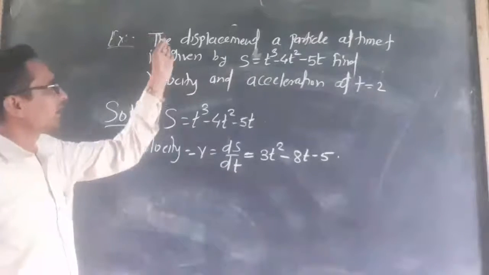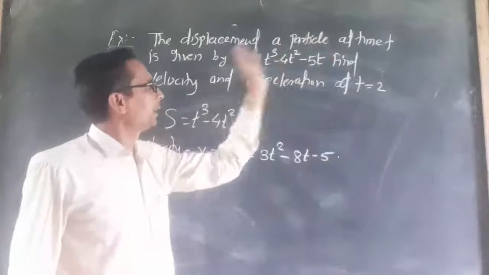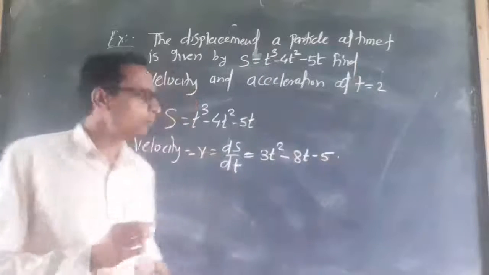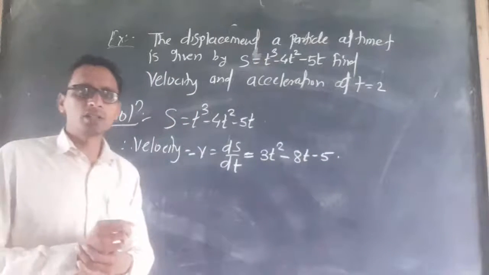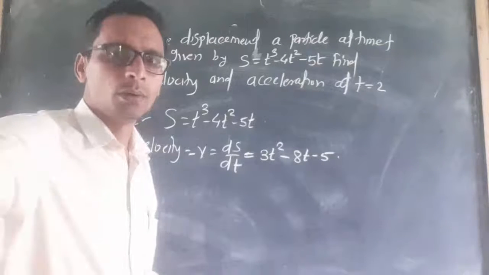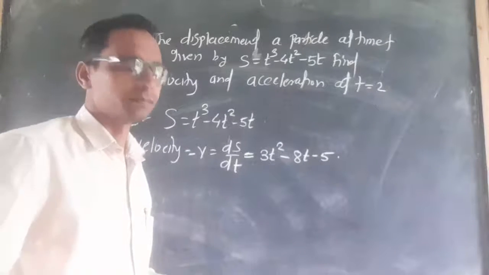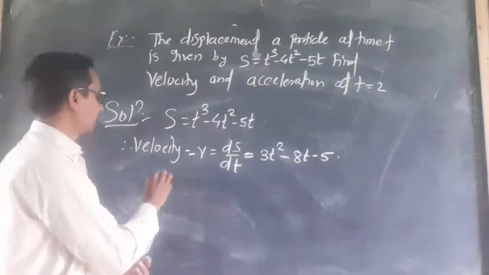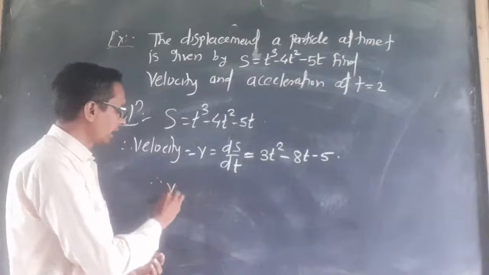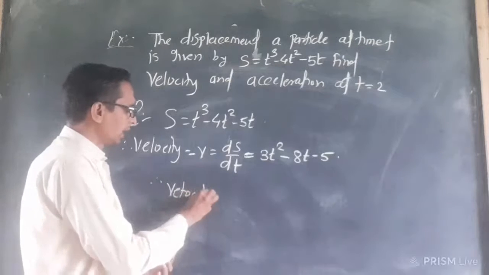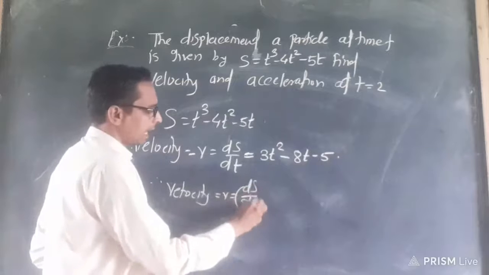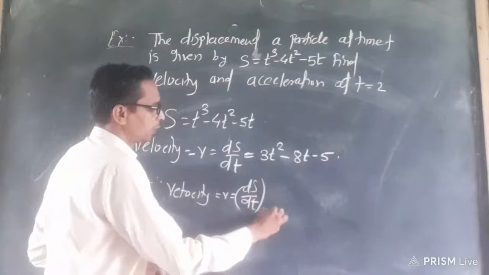Friends, in this example, the displacement of the particle is given. Find the velocity and acceleration at time t is equal to 2. Therefore, replace t by 2. Velocity v is equal to ds by dt at time t is equal to 2.